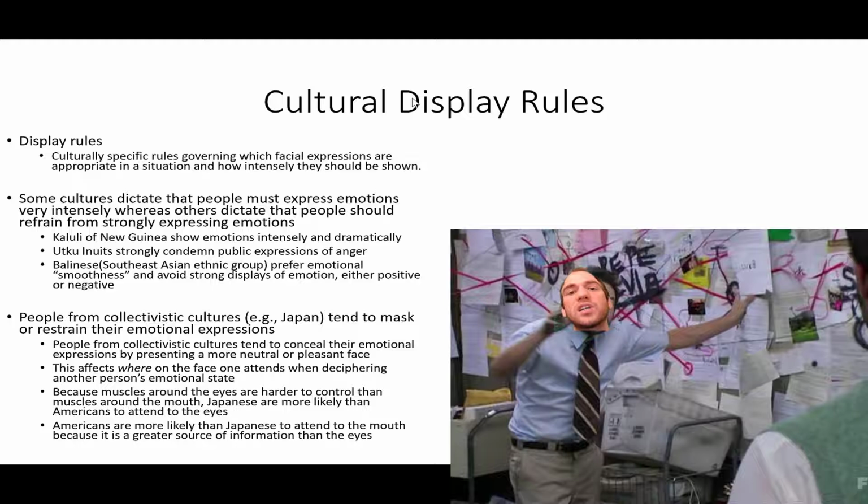And you can see cultural difference on a broad span when comparing collectivist versus individualistic cultures, with collectivist cultures being more likely to refrain or mask their emotional expressions. This is just thinking through the basic tenets of collectivism, the idea that my well-being and the well-being of the group is what is important.